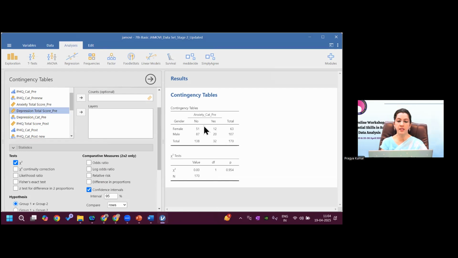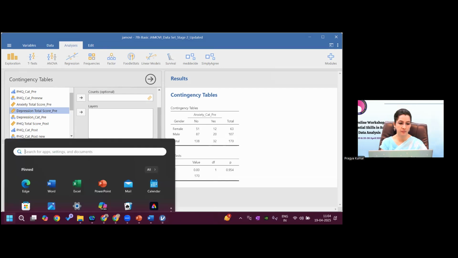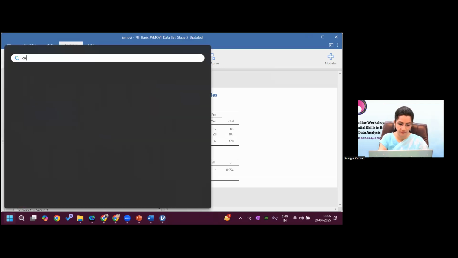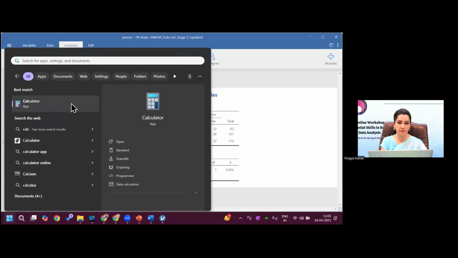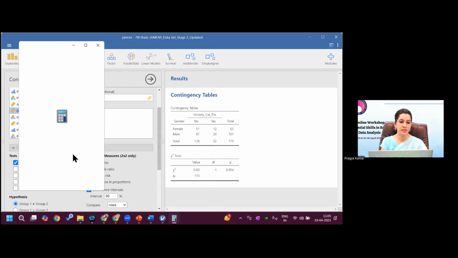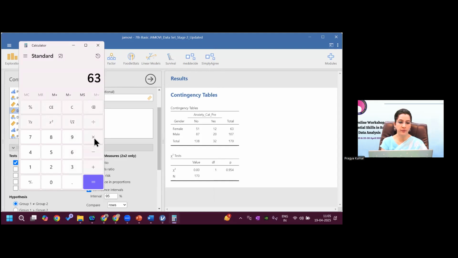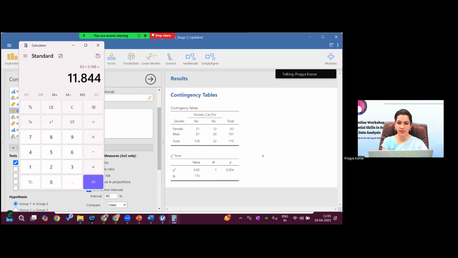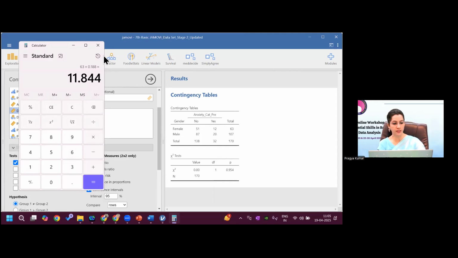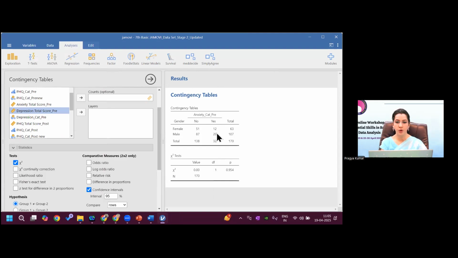Out of 63 females, 18.8%, so I will multiply this with 0.188. My expected count in this cell will be 18.8. Yes, you all are right. That's how you calculate the expected count. But the observed count is 12, so there is a difference.